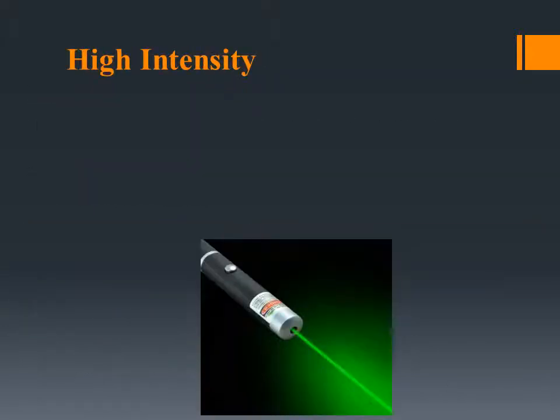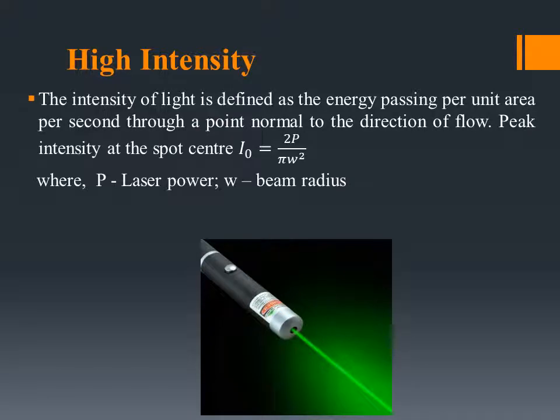The second most important characteristic of a laser beam is its intensity. The intensity of light is defined as the energy passing per unit area per second through a point normal to the direction of flow.